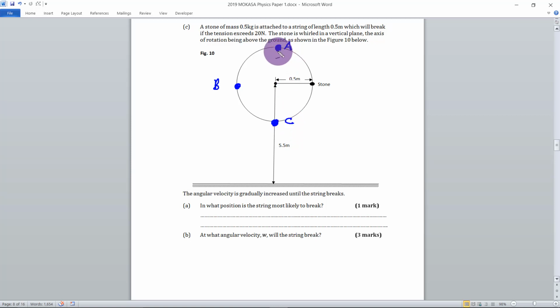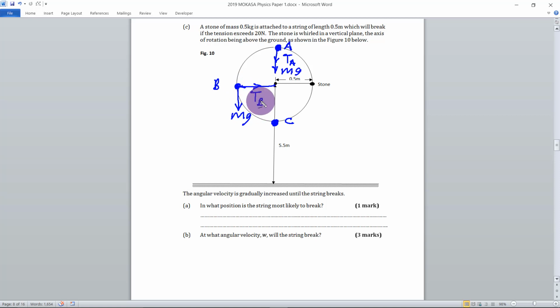When it is at point A, one of the forces acting on it is its own weight, mg. The other force acting on it is the tension in the string, which is Ta. When it is at the side here, the forces acting on it will be its own weight, mg, which is vertically downwards, and then the tension in the string, Tb, which is horizontal.